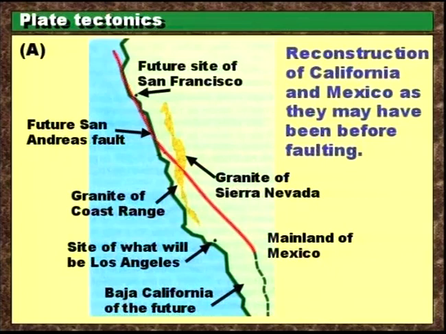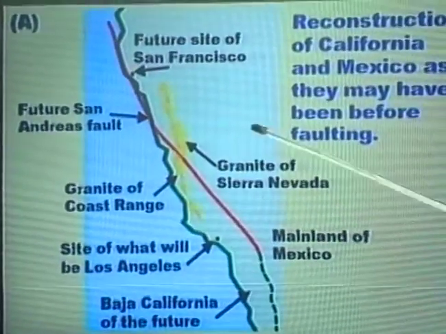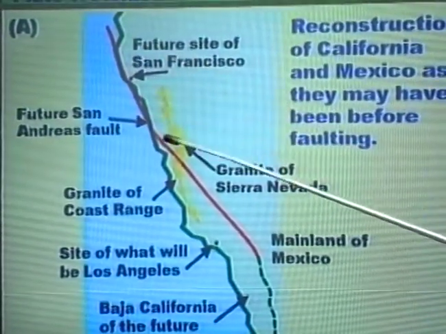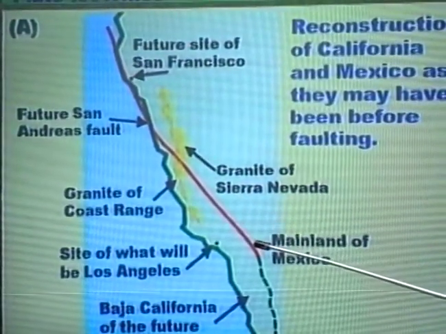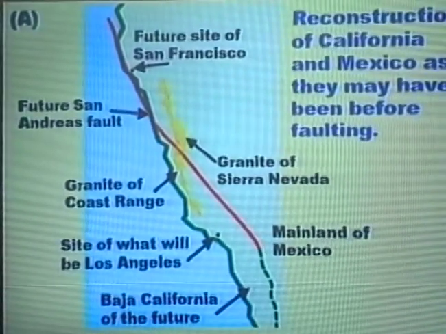Collectively, these right lateral faults are known as the St. Andreas Fault System. So together, all of those little faults found in this area, together with the main St. Andreas Fault, would make up the St. Andreas Fault System.